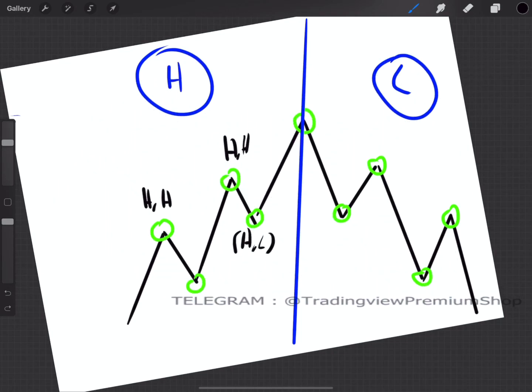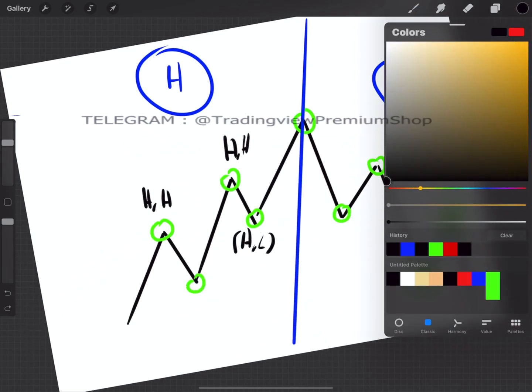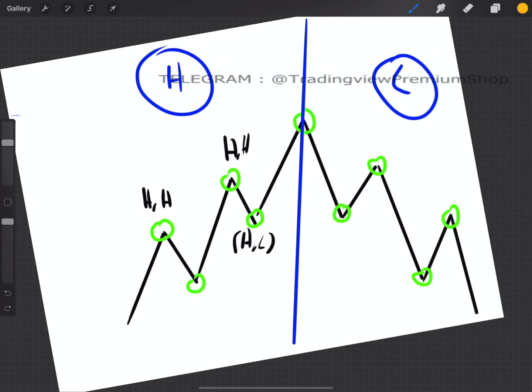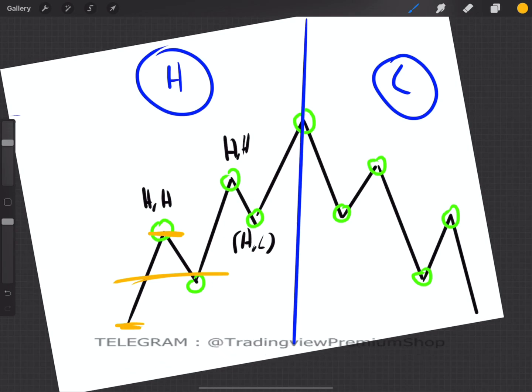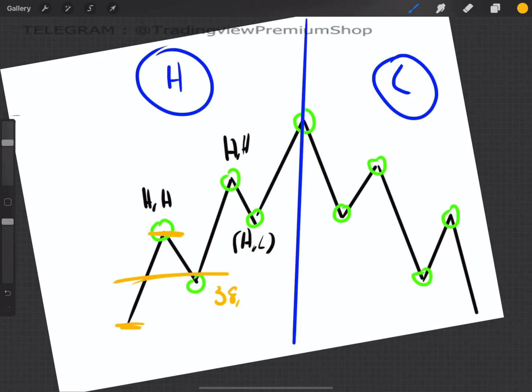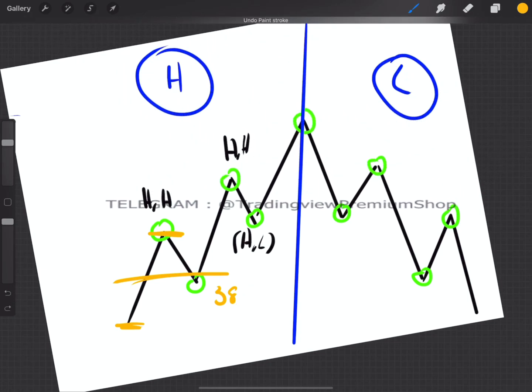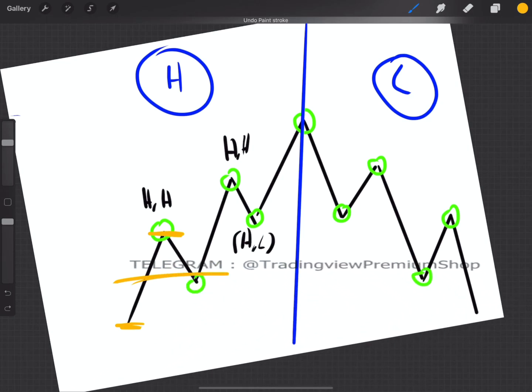If I pull a Fibonacci out from this point until this point, this right here would probably be a 38.2 retracement. So I enter off of the 38, which is also your higher low. Higher lows, you buy it up to there. That's kind of how I look at it.